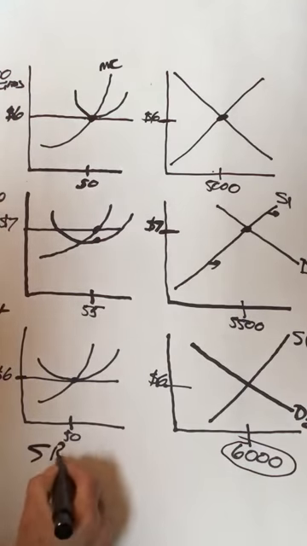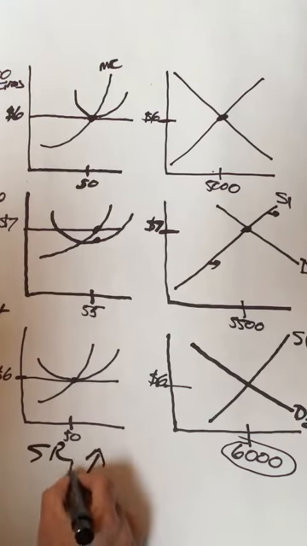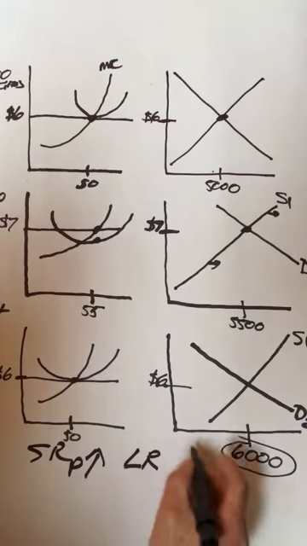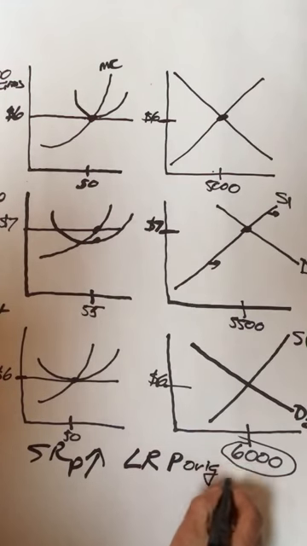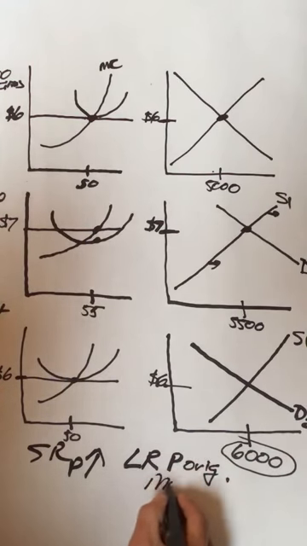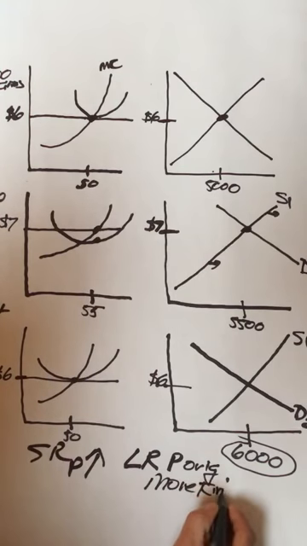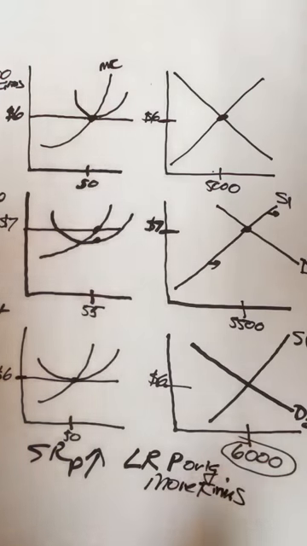So in the short run, we see an increase in price, but in the long run, price comes back to the original level. But we have more firms. So hopefully this gives you a feel for how individual firms interact with the overall marketplace.